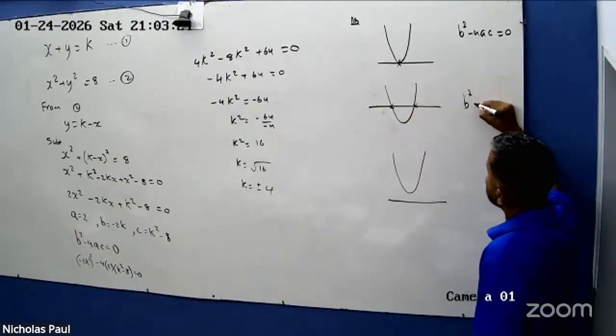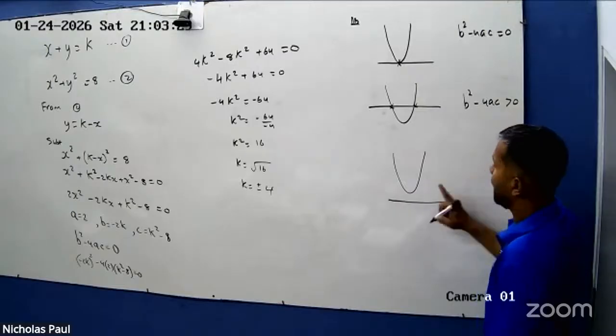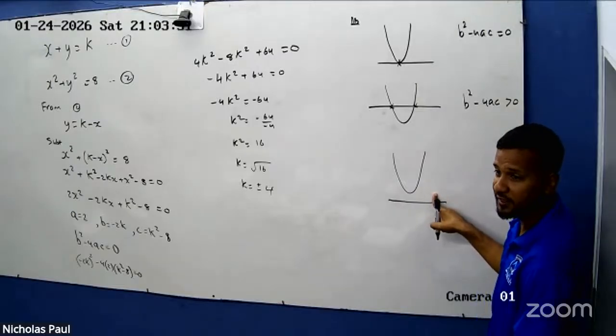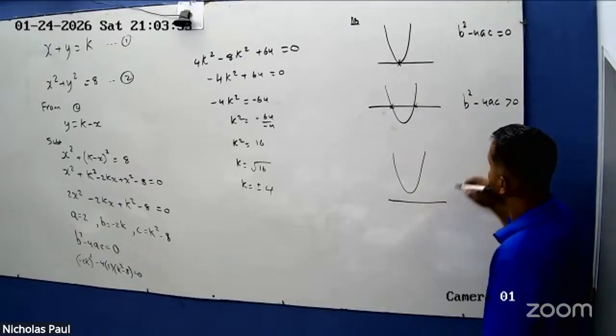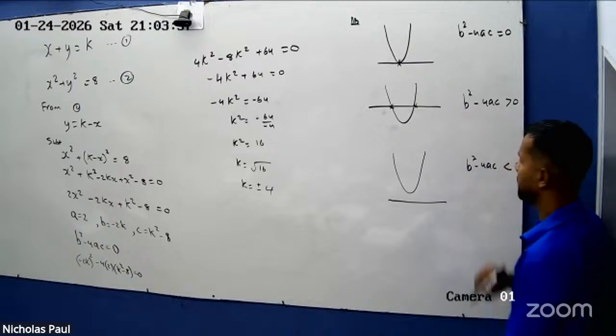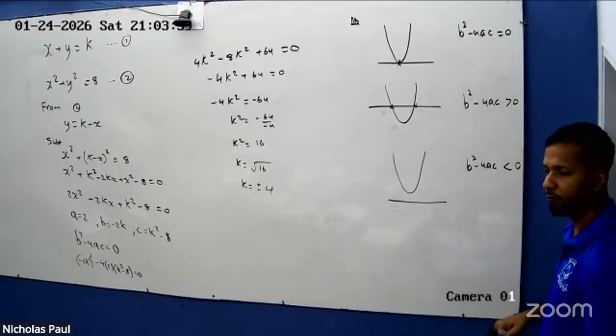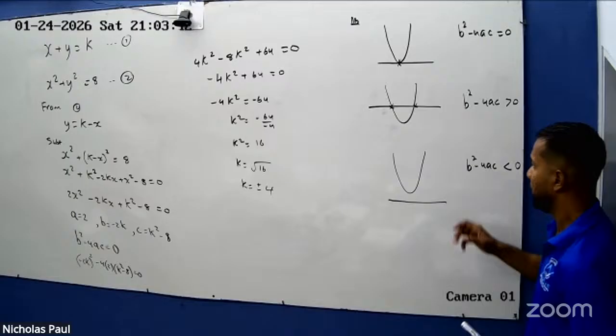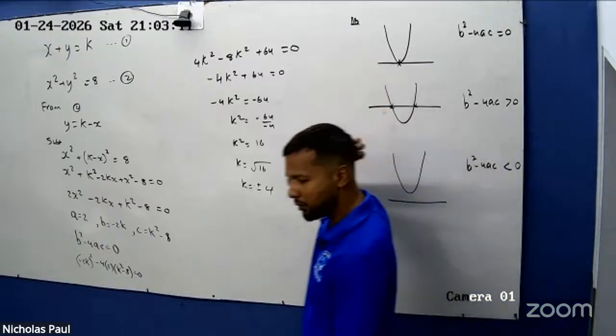So it means that b squared minus 4ac is. How many solutions here? None. No solutions. All right? Let's add those in. If it doesn't cut twice, it cuts once.